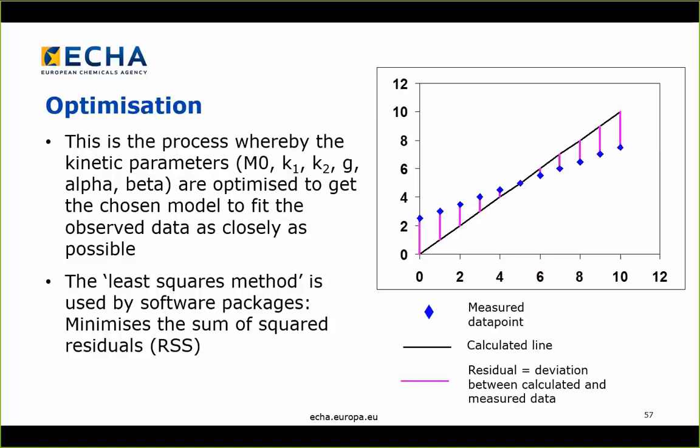So that's your K values, your initial concentration, G, and PV. The software packages we use today are going to use the least squares method, or called RSS. And this looks to minimize the deviation, the residuals, so these pink lines, to be as small as they can mathematically be.